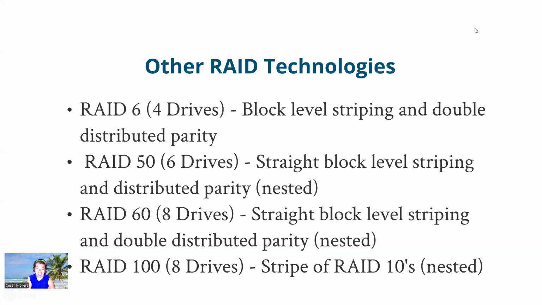RAID 60, 8 drives: block level striping and double distributed parity, nested. And finally, RAID 100 with 8 drives as well. It has a stripe of RAID 10s in a nested environment.